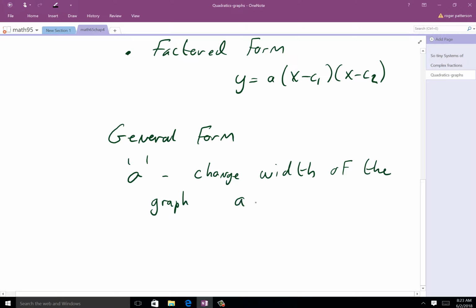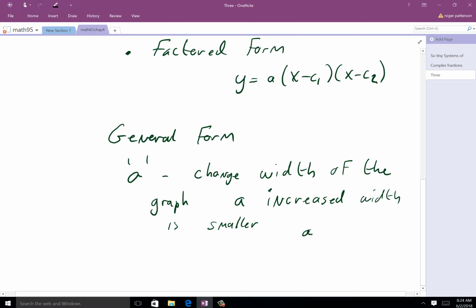So when A increased, when it got larger, what happened to the width? Did it get larger or did it get smaller? You remember that part? That's smaller. So when A increases, the width is smaller.